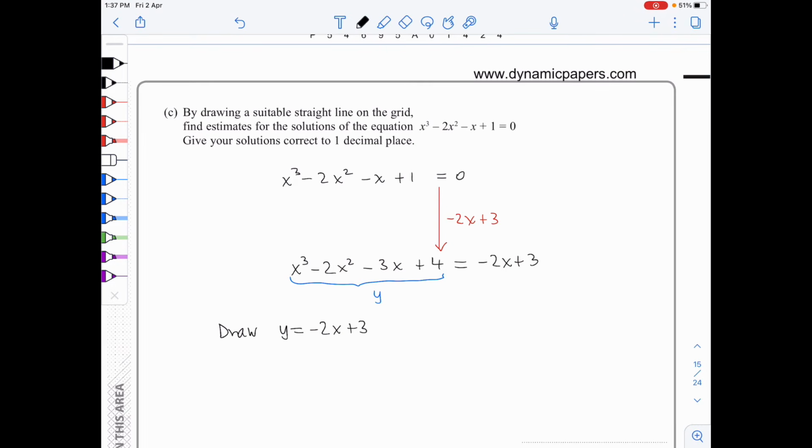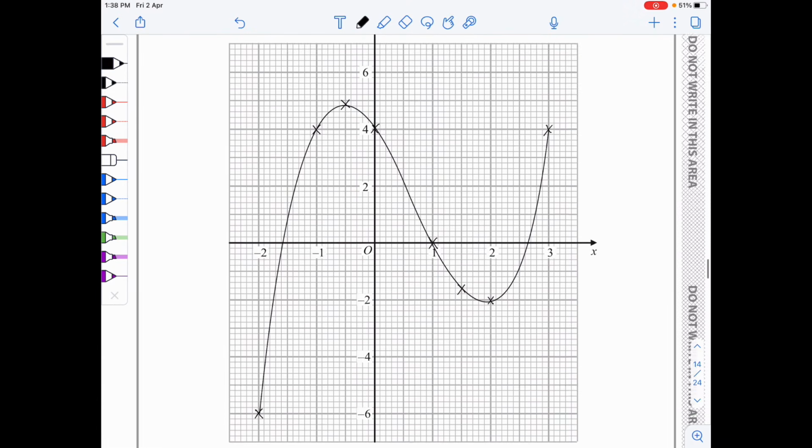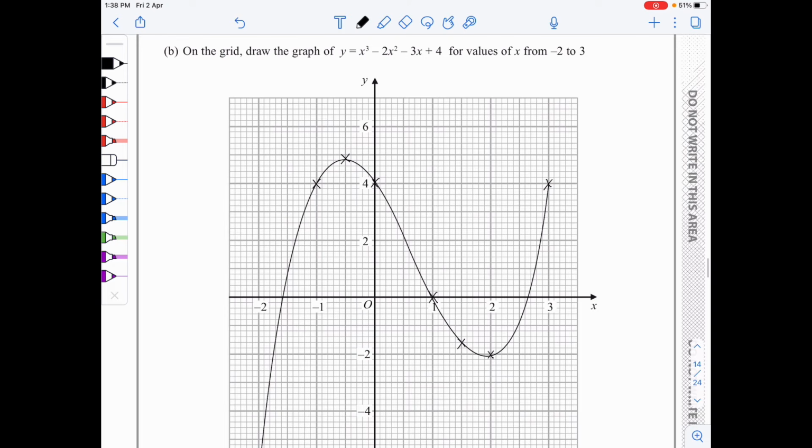So to draw the line y is minus 2x plus 3, I certainly know that when x is 0, y is 3. And we also know that when x is minus 2, y is 7. So I need 2 points to generate 2 points on the graph. So negative 2, 7.